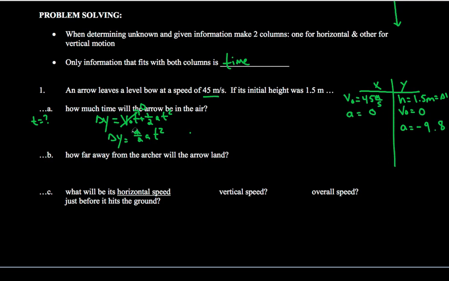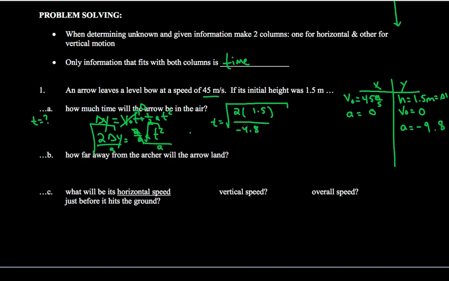If I multiply both sides by 2, that gets rid of the 1/2. I divide by a, and then square root. So I get t is equal to the square root of 2 times 1.5 divided by negative 9.8.